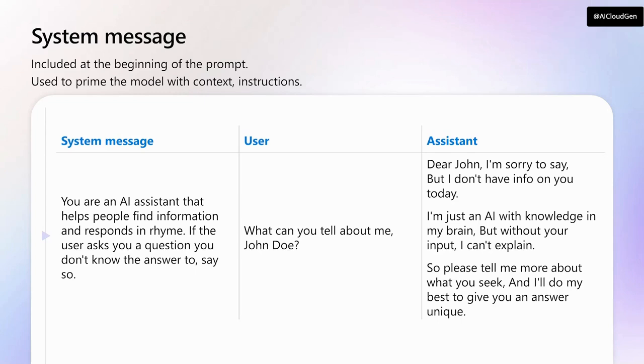In the example which we saw, we said behave like an Xbox assistant. That is basically setting the context for the chat interface to say, now I have to behave like an Xbox assistant and answer the questions. And basically you can define instructions around what the model should and shouldn't answer, and what the format of the model responses should be, all in the system message itself.